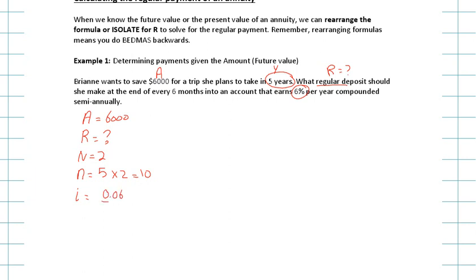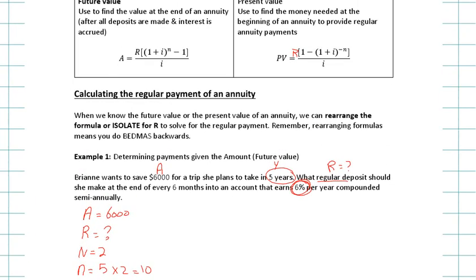Remember, to get n, you have to multiply the number of years with big N. And to get i, you have to divide your interest in decimals by the compounding period. Since I know A, I have to use the formula that gives me A, right? So I have to use this formula right here.